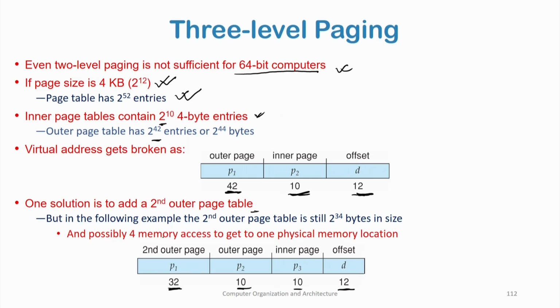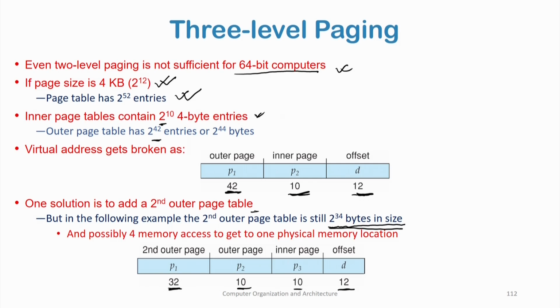But in the following example, the second order page table is still 2 to the power 34 bytes in size. Why? Because I have 2 to the power 32 entries, and each such entry is 4 bytes or 2 to the power 2 bytes. So, the size of the second order outer page table is 2 to the power 34 bytes, which is very huge.